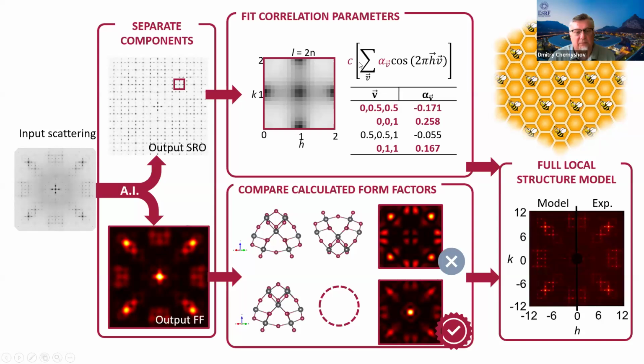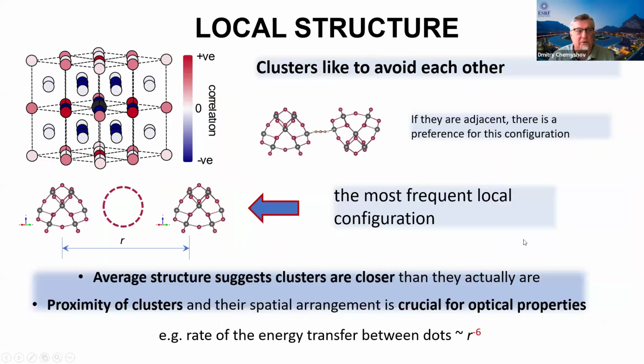So we can use these correlation parameters and this model for the Monte Carlo realization of the structure, and then the calculated model diffuse scattering fits quite well to what we see from experiment. So the local structure is based on a rule: clusters like to avoid each other. If they are close to each other, they are in opposite orientations, but the most frequent case is cluster, empty pore, cluster.